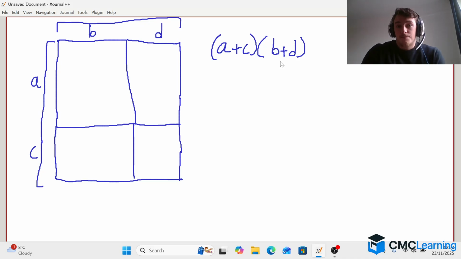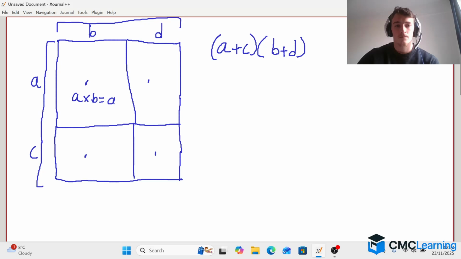But another way of thinking about the area of this rectangle is the area of all these smaller rectangles. And what is the area of each of these smaller rectangles? Well, this rectangle here is A times B, which is AB.